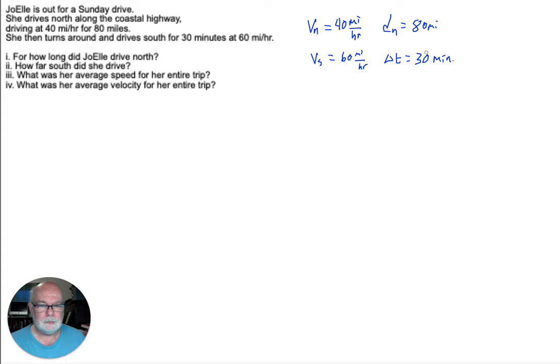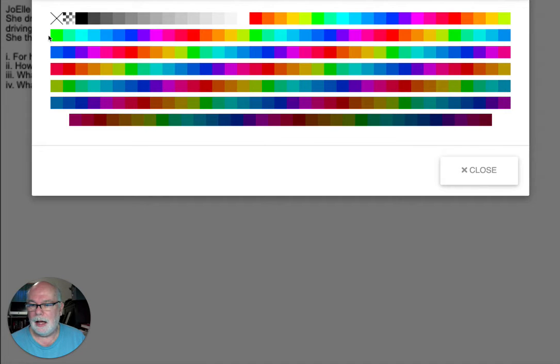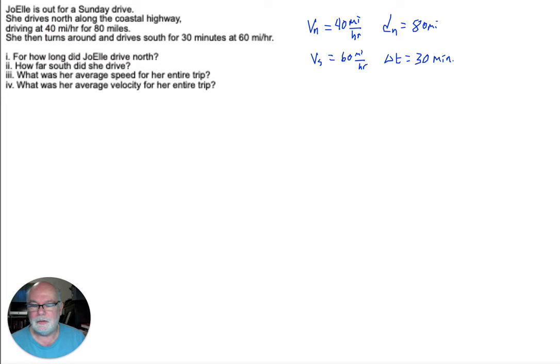Okay, so how long did JoElle drive north? Well, we can figure that out using the equation that we have. So I think I'll switch over to green for that. We know that speed is equal to distance divided by time. If we want to know the time, we just solve that equation for t. So I multiply both sides by t and divide both sides by s. Time is equal to distance divided by speed.